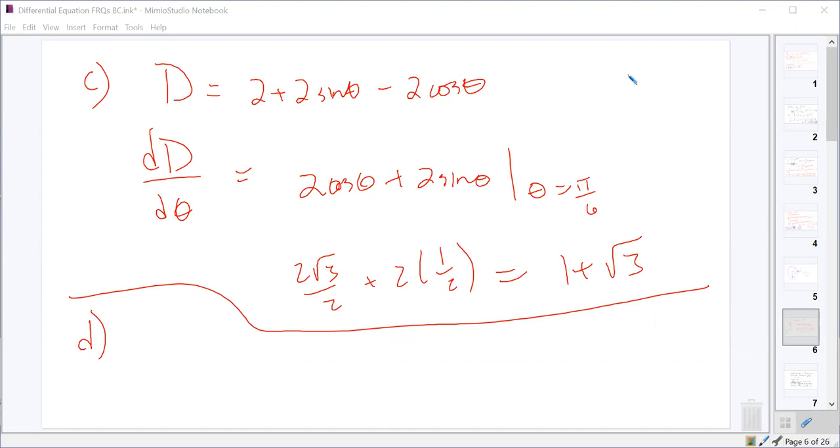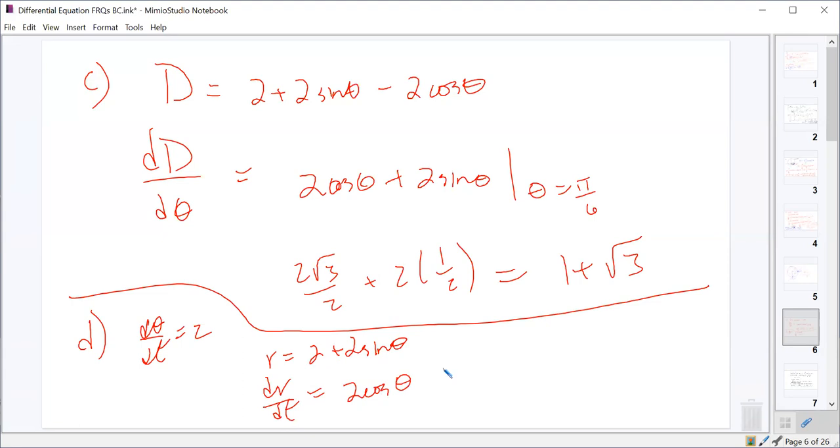All right. We've got the particle moving along the curve r equals 2 plus 2 sine theta, and we want to find the value of dr dt if d theta dt equals 2. If r equals 2 plus 2 sine theta, then dr dt ought to be 2 cosine theta d theta dt.